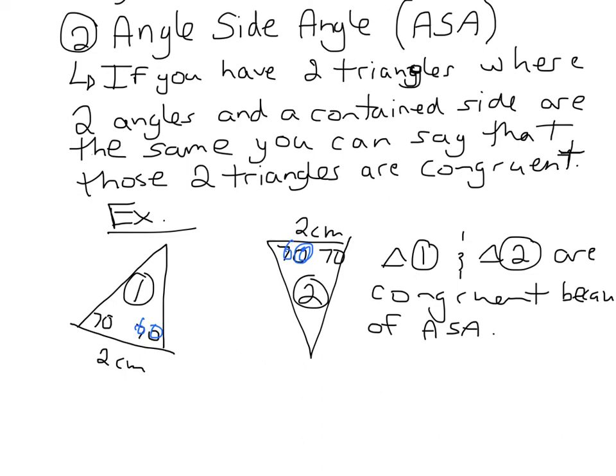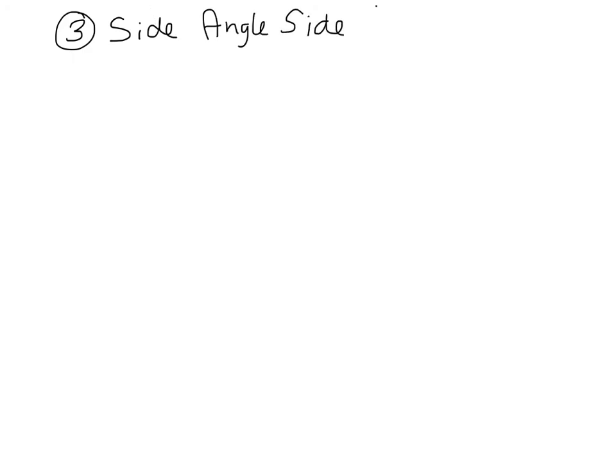Okay. Third way that I can prove that two triangles are congruent is side, angle, side. SAS. Okay. This is very similar to your angle side angle, just basically the exact opposite. Alright.